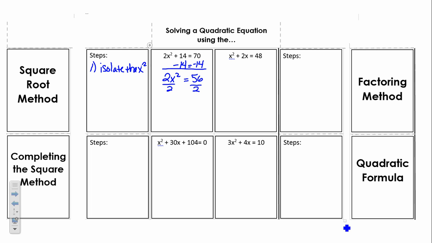And when we do that, x squared will be equal to what? 28. Okay. So we've got our x squared all by itself now. We've isolated it. What's our next step going to be? Take the square root. So the square root of both sides.